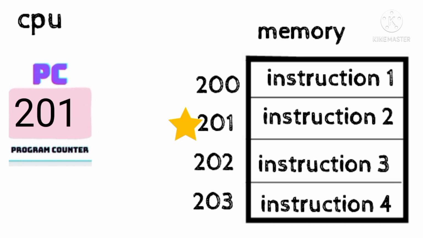That is, here it is 201. It indicates that after fetching instruction 1, we have to move to address 201 and fetch instruction 2. So now you understand that our PC is used to store the address of the next instruction.